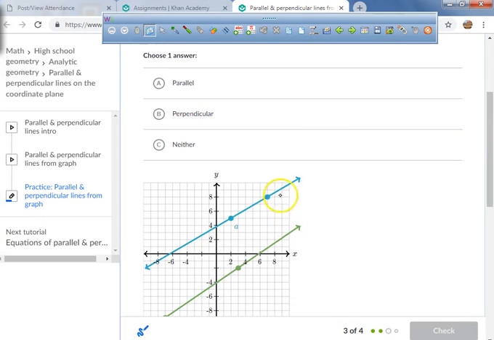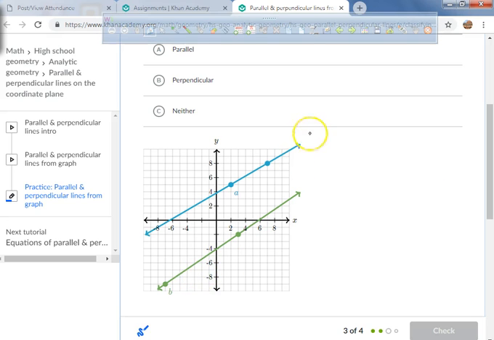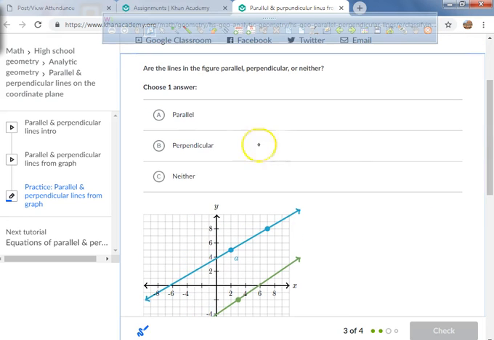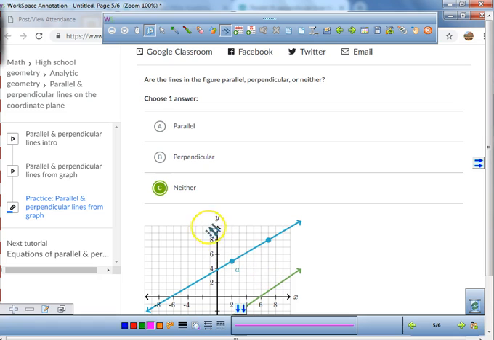You might say, oh, those look what? They look parallel. But what do we have to compare to make sure that they're parallel? Yeah, so these are not perpendicular. They are not parallel. These are neither. They're neither. Because perpendicular, how would they have to intersect? They'd have to intersect at a right angle, okay? So right now, this answer is going to be neither.